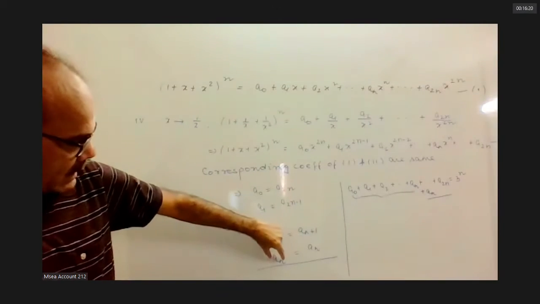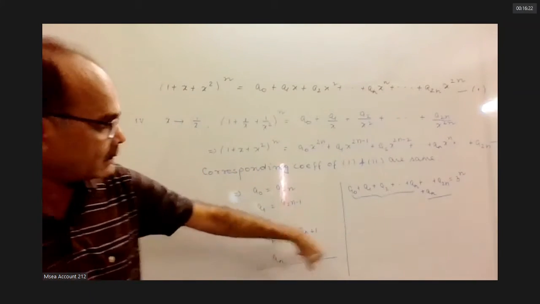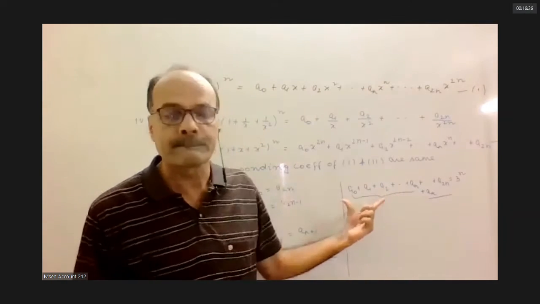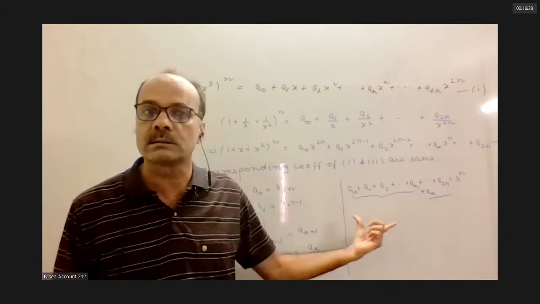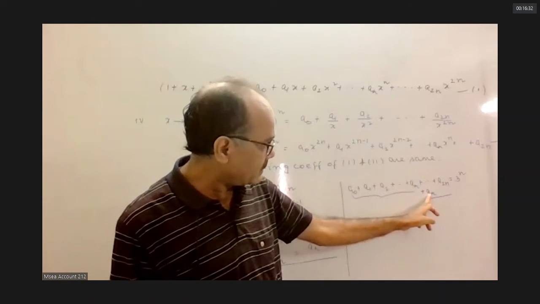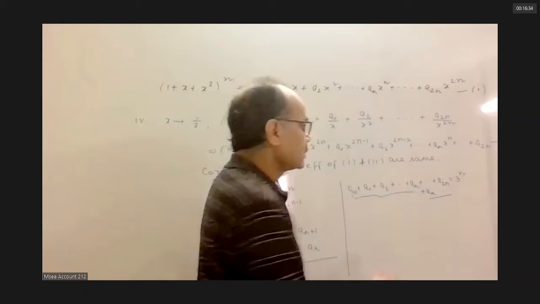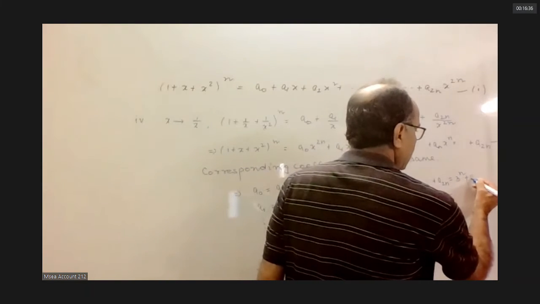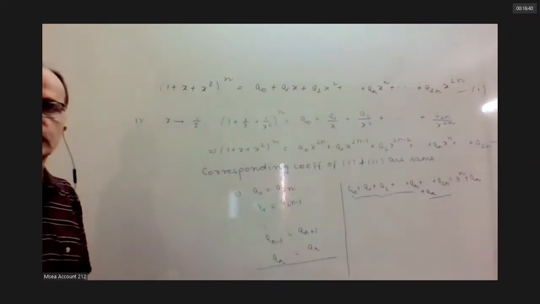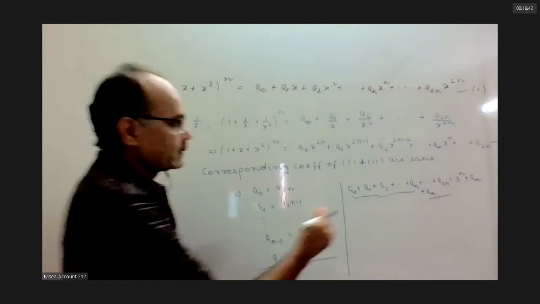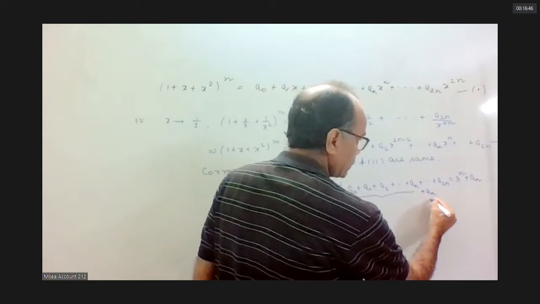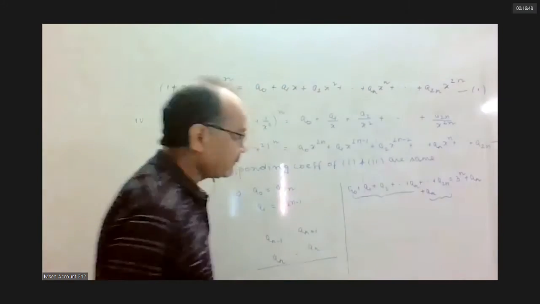So adding one extra an, the sum of the first n plus 1 coefficients will be equal to the sum of the last n plus 1 coefficients.